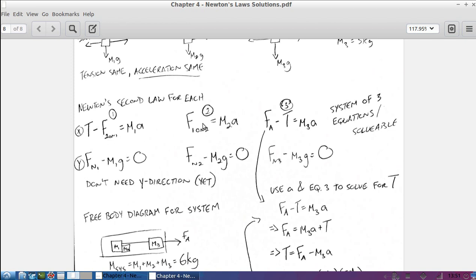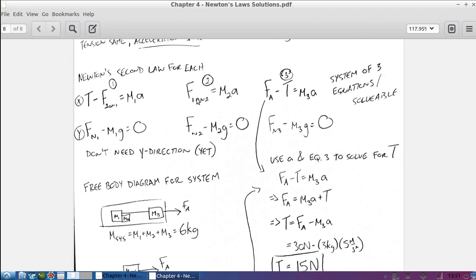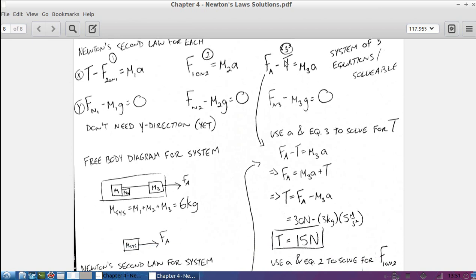So we could actually do 2 things. We know F1 on 2 now. We know the acceleration. So you can either use equation 1, Newton's second law in the X direction for M1, or Newton's second law in the X direction for M3 to solve for the tension. I used equation 3 to solve for the tension. You can use equation 1, whichever one you like.